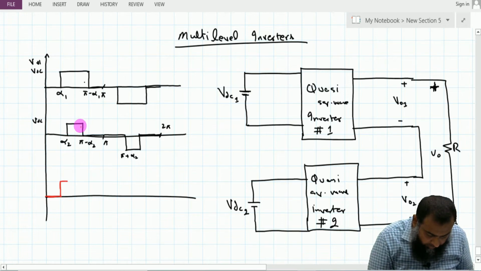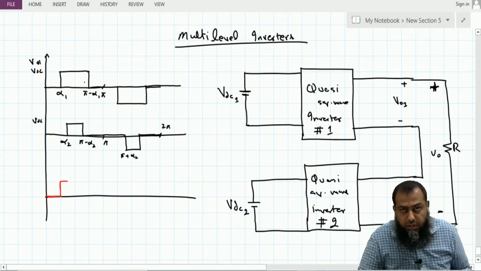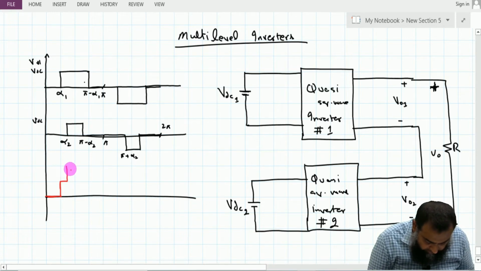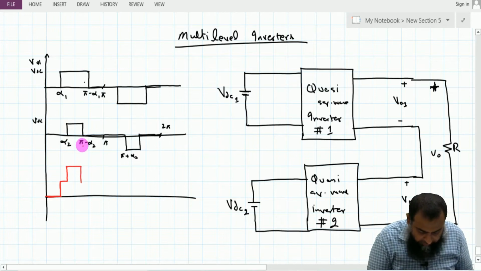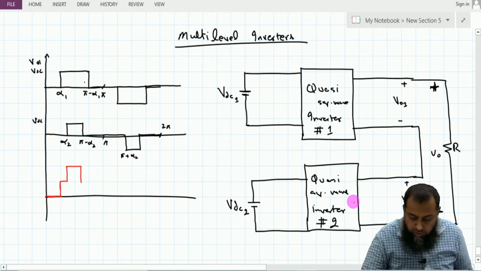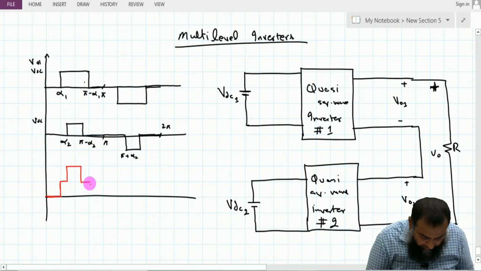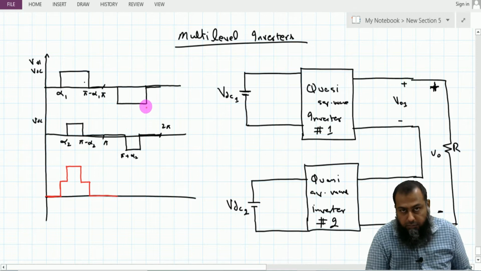After this alpha 2, the output of square wave inverter number 2 is also producing a voltage equal to VDC. So VDC plus VDC gives a voltage that is twice the individual level voltage. Thereafter, at pi minus alpha 2, the output of this inverter becomes 0, reducing the voltage across the output to VDC. And at pi minus alpha 1, it becomes 0, after which we have the negative half cycles.